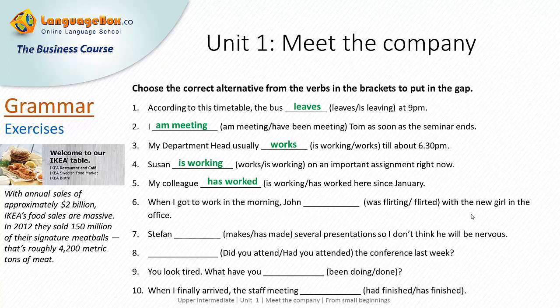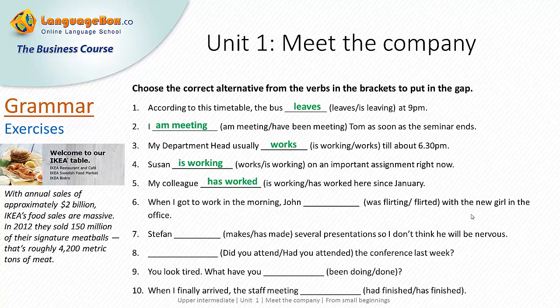So let's move on to number 6. When I got to work in the morning, John was flirting or John flirted with a new girl in the office. So it's a past time. We can tell by the first part of the sentence, when I got to work in the morning, happened in the past.